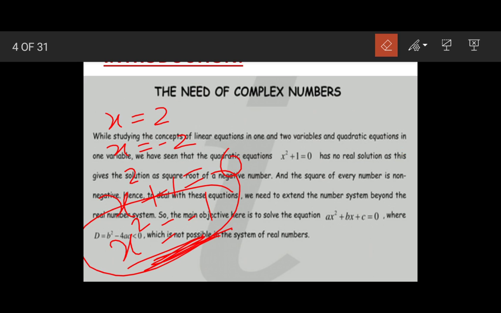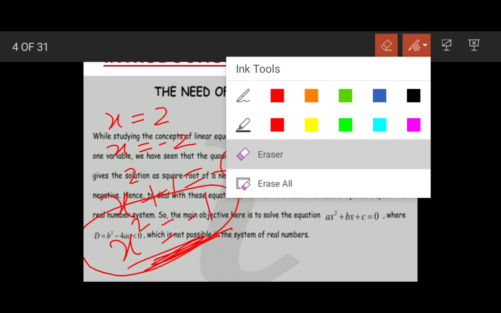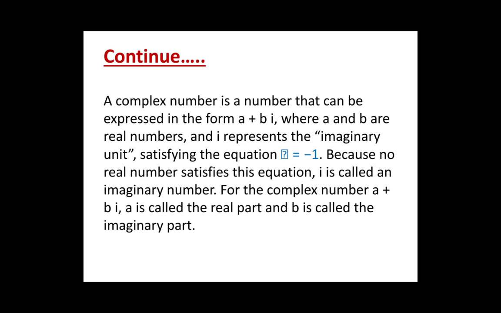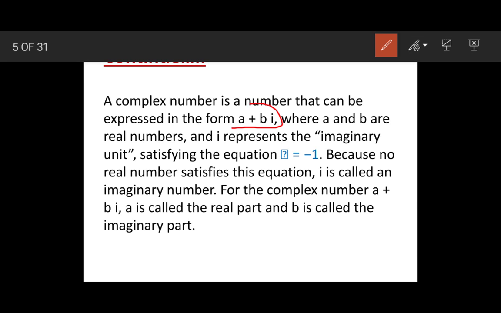So in complex number, here comes the definition of complex number. A complex number is a number that can be expressed in the form a plus bi, where a and b are real numbers and i represents the imaginary unit, satisfying the equation x square equal to -1.